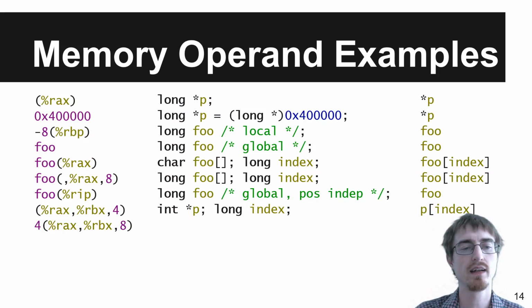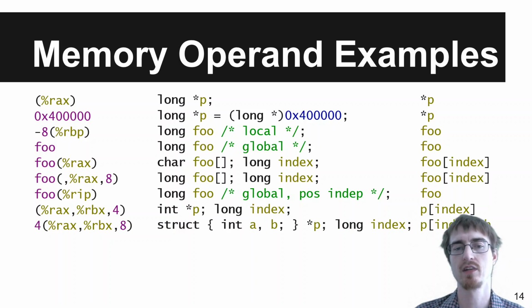Now finally we have one that has all the parts specified. A displacement of 4, a base of RAX, an index of RBX, and a scale of 8. Well, what is this? This is again an array reference, but now there's also a struct involved. So the struct that we specify here has two members, A and B. So the total size of the struct is 8 bytes, which is why there's a multiplier of 8 in the memory specification.